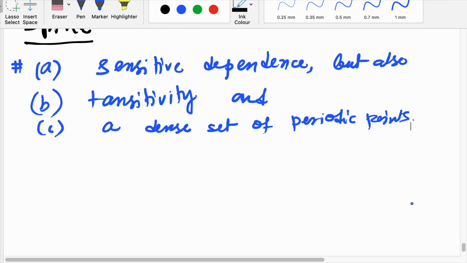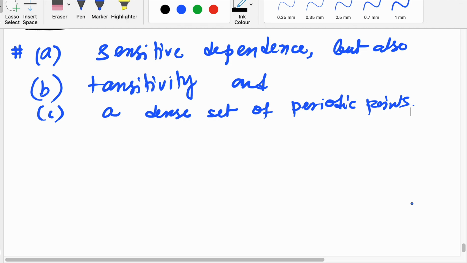So let me recall what the spike lemma is, and from that spike lemma we can easily prove the sensitive dependence.